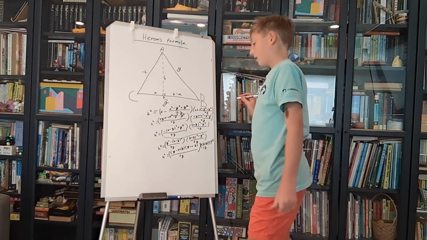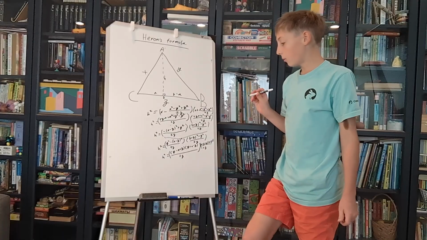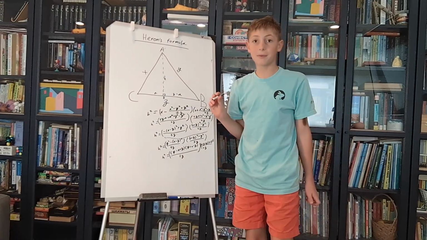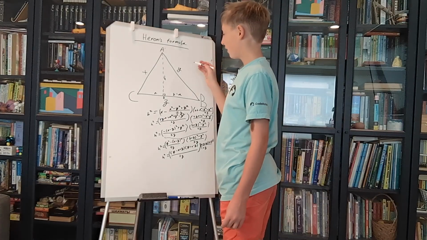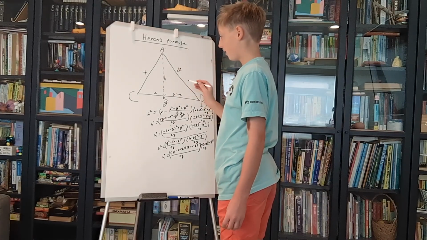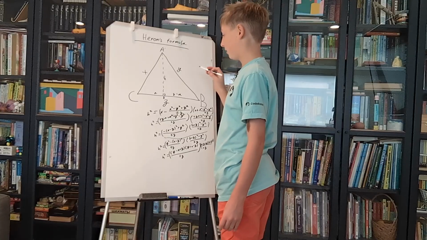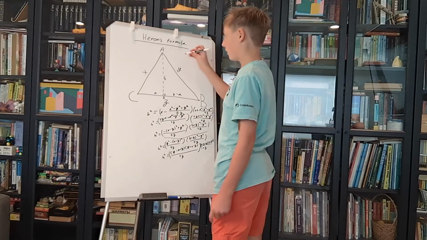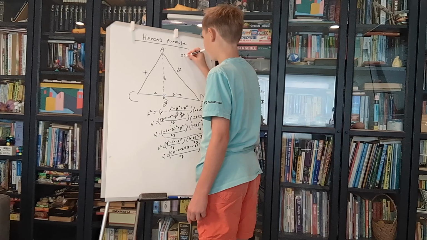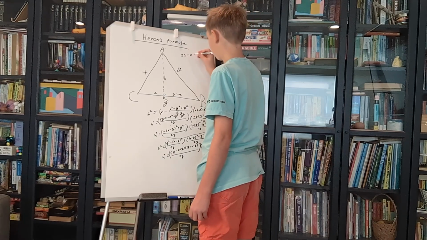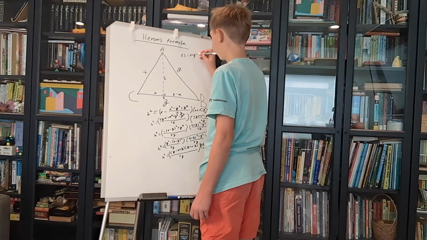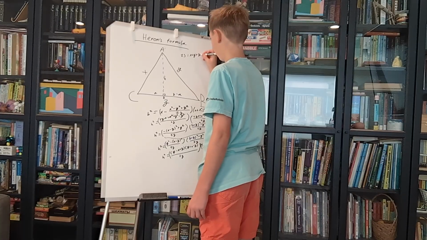And at the very beginning, we had that the semi-perimeter is x plus y plus z over 2. So 2 times the semi-perimeter, s, is equal to x plus y plus z.